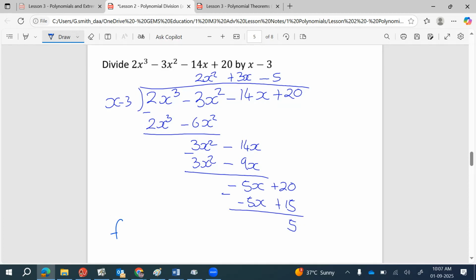Let's try f of 3. 2 times 3 cubed minus 3 times 3 squared minus 14 times 3 minus 5, plus 20, equals 5. We stick this into our calculator. Try it on your calculator. Verify that it works.